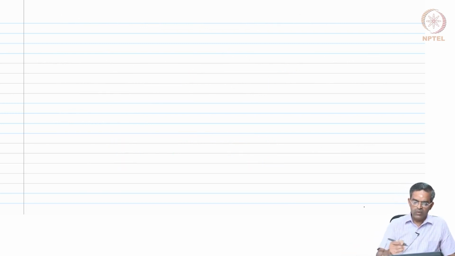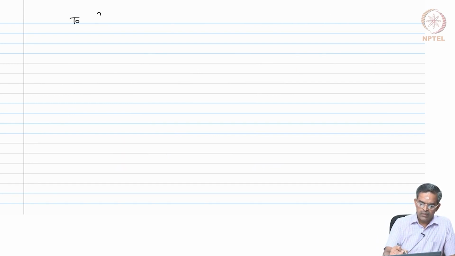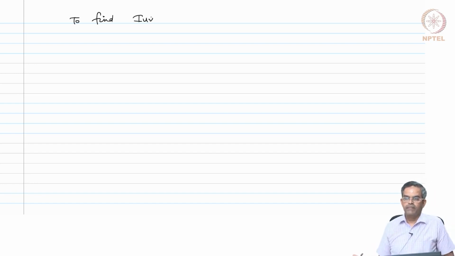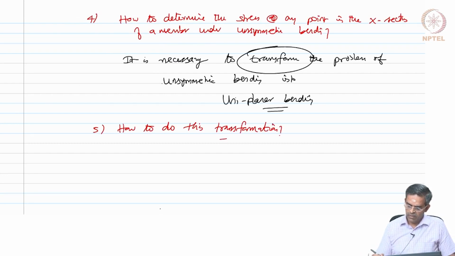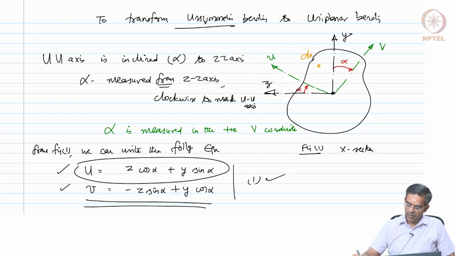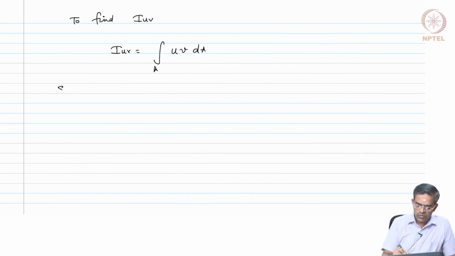Let us also find out the cross product, which is Iuv. We know Iuv is given by the integral of UV dA over the area A. So, we already have the values for U and V. We see here in equation 1, we have U and V. So, let me write it here. Substitute for U and V from equation 1.